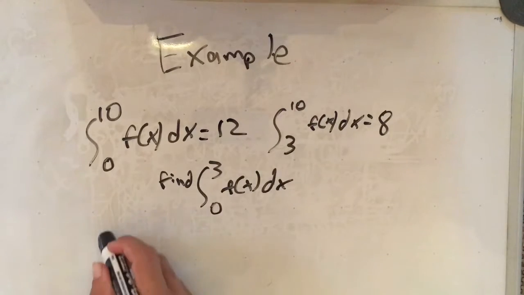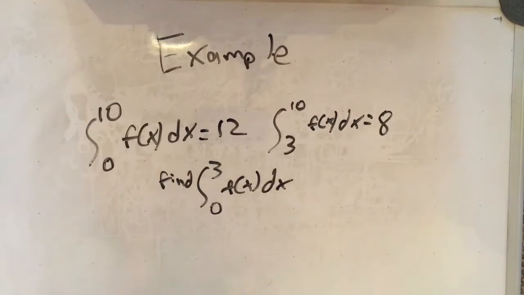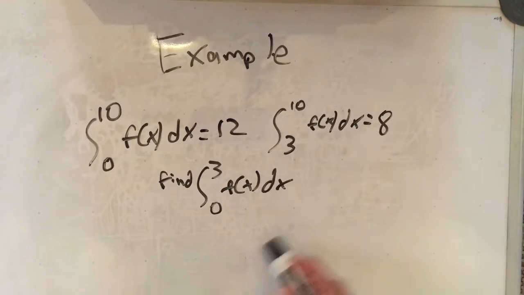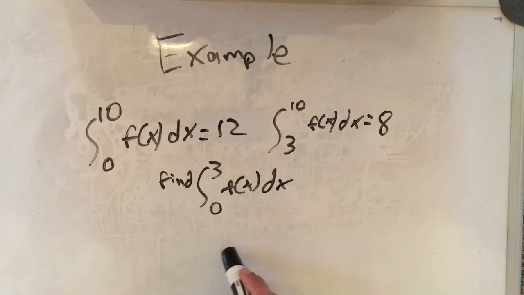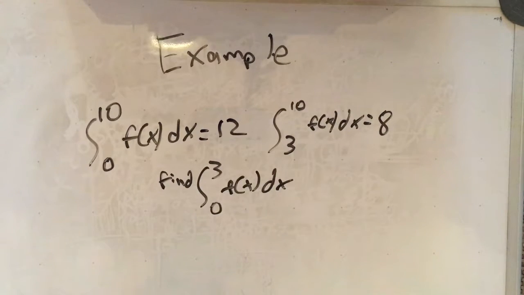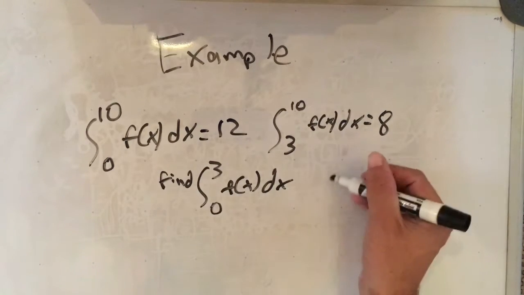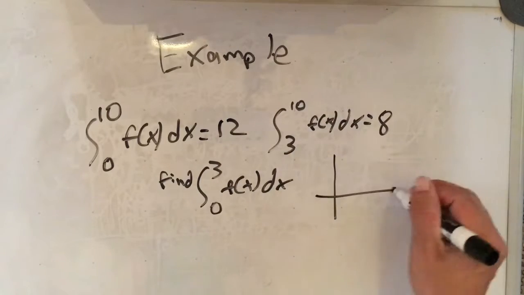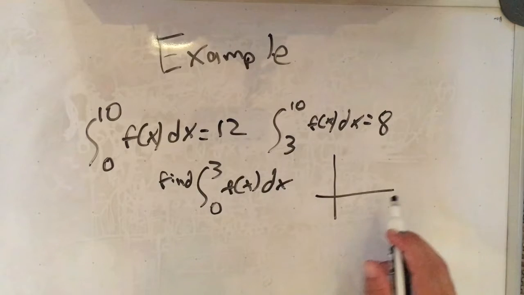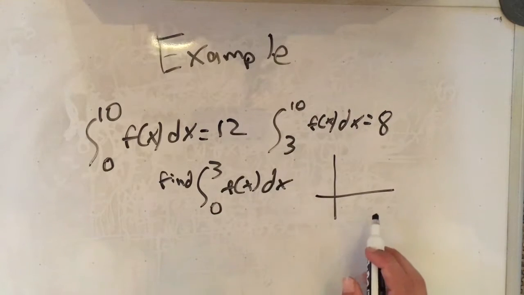So if we know that the integral from 0 to 10 of f of x dx is 12, and the integral from 3 to 10 of f of x dx is 8, find the integral from 0 to 3 of f of x dx. So how are we going to find this? Well, as you learned before, from a to c and c to b is a to b.